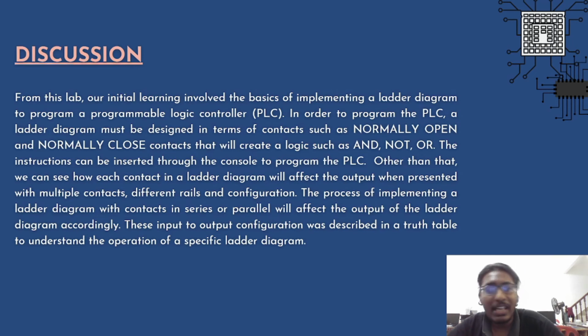And we can see how this kind of configuration will affect the output when presented with multiple contacts, different rails, and configurations. So the process of implementing a ladder diagram with contacts in series or parallel will affect the output as well. This input to output relationship was described in a truth table to understand the operation of each and every ladder diagram that was presented earlier.